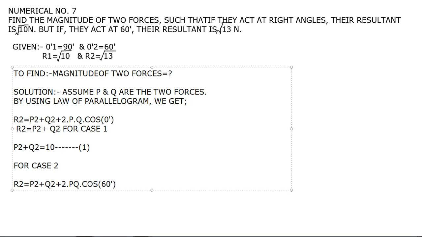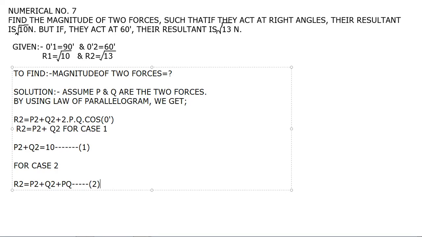So therefore, this 1 by 2 and 2 will get cancelled, and we'll get only PQ here. Okay. So therefore, this is your expression 2.